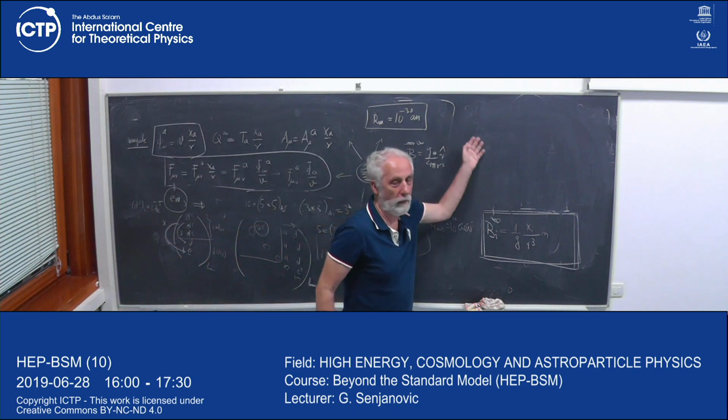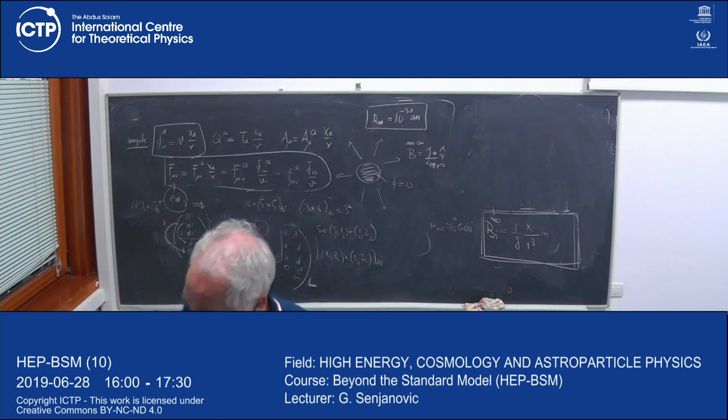It's not that simple. You won't easily see this vacuum manifold of SU5 breaking down to SU3, SU2 cross U1, that you won't visualize. But infinity is the same infinity, so obviously it has to be S2.